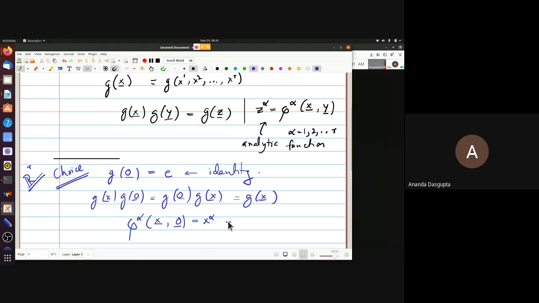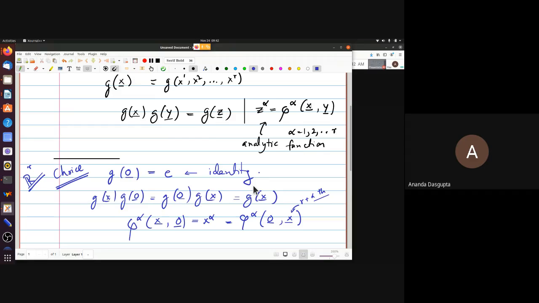And not only that, if the first R arguments were 0 and the next R were x, then also you're going to end up with x alpha, where alpha, of course, is the R plus alpha argument here. So you mean Z alpha? Well, no longer Z alpha, right? Because g0 has to be gx, right? Yes, that's because we're dealing with the identity. So whatever x you put in, that comes out.